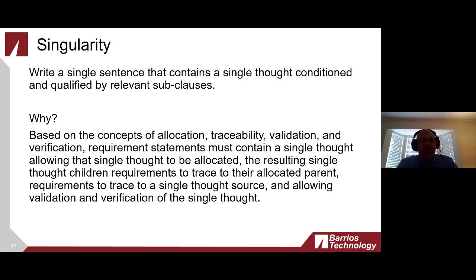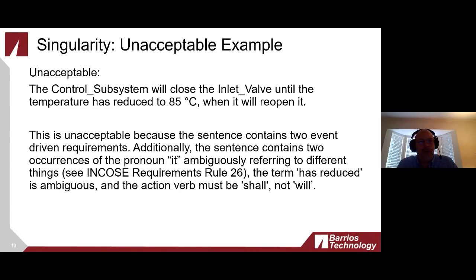So the gist of it is that a single requirement should have a single thought. And if you need additional, some things are more complex and they may require sub elements, but that's okay as long as they're separate. So here's an example of an unacceptable requirement regarding singularity, and the control.